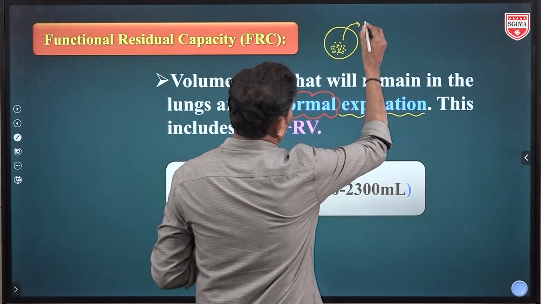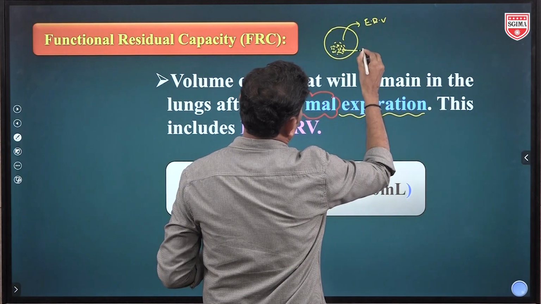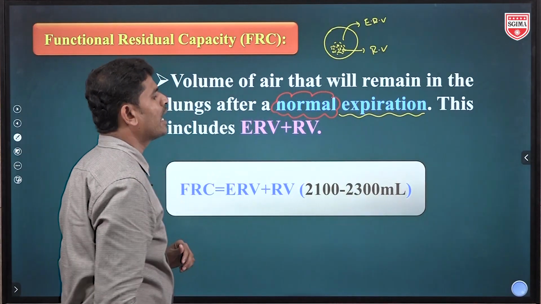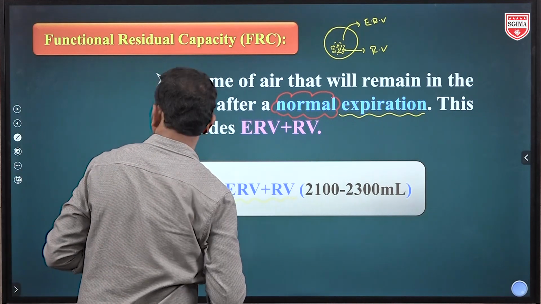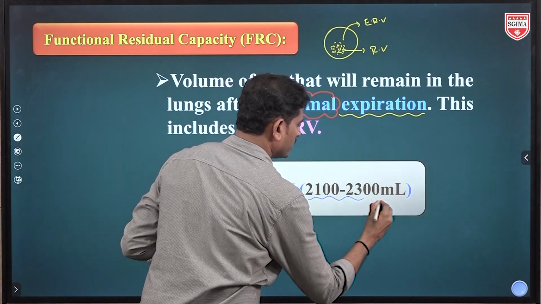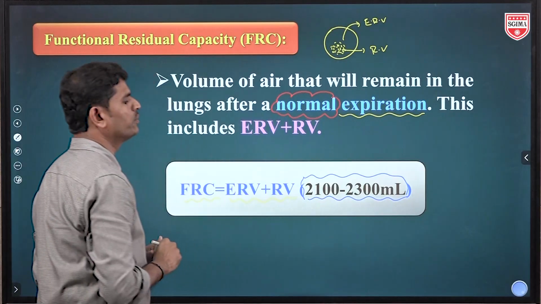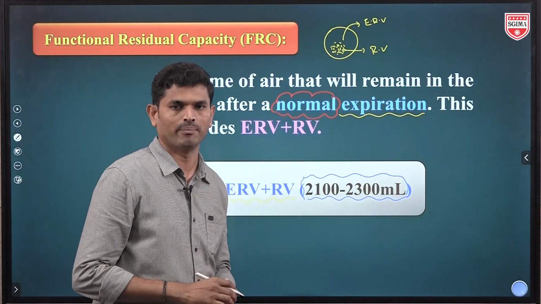So expiration here means ERV, and the remaining is RV. So ERV plus RV is equal to which one? That is our FRC, functional residual capacity. Its value is 2100 to 2300 ml.